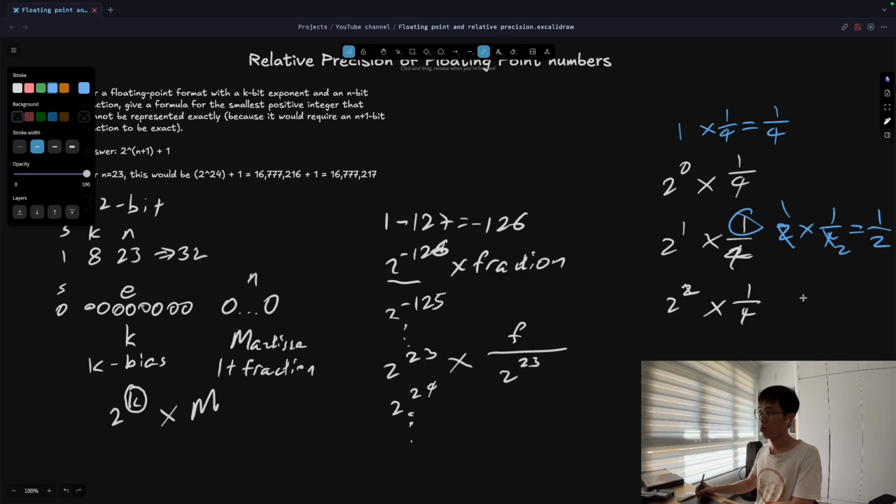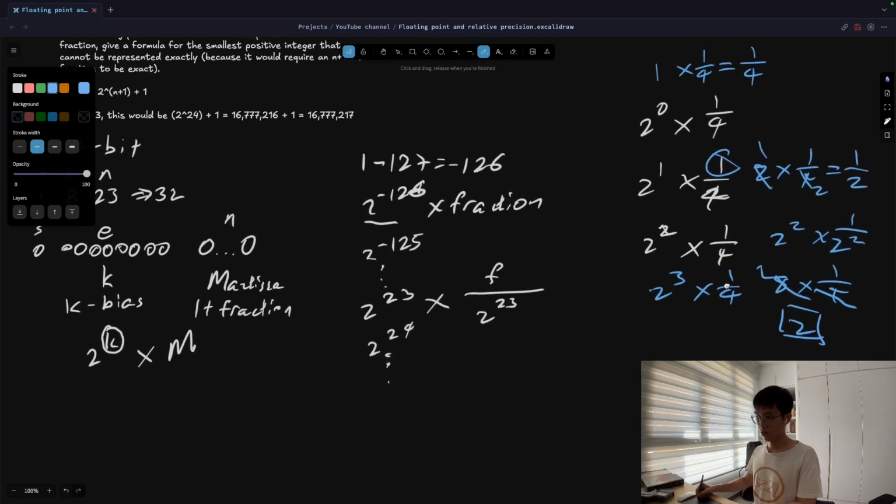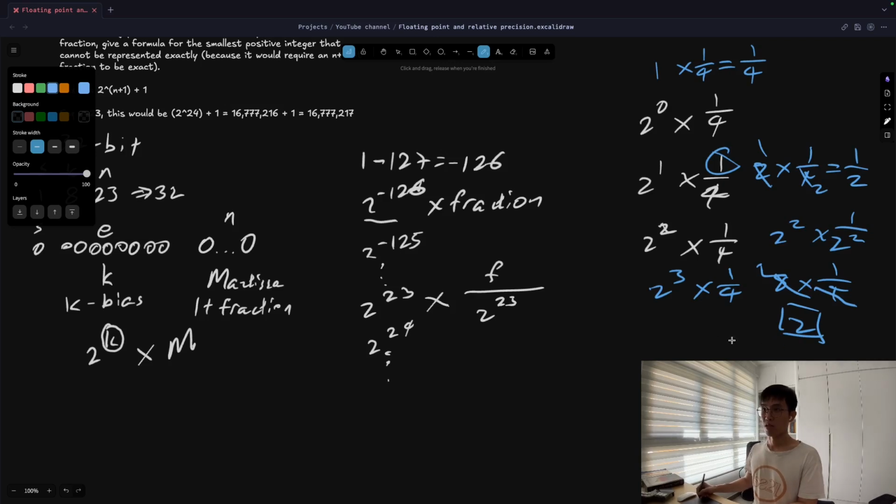This is 2 to the power of 2, which means every increment here is an increment of 1. And if we just use one more example, this is 8 times 1 over 4, which is 2, right? So every increment in the fraction is an increment of 2.